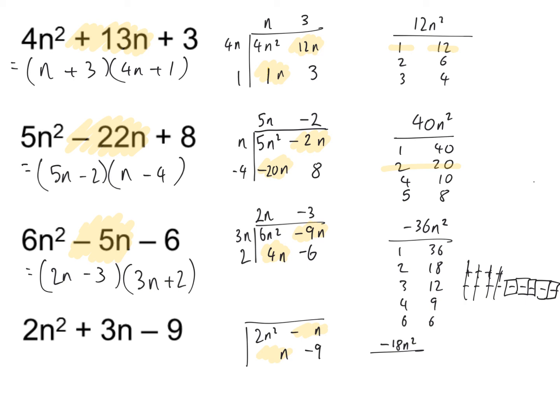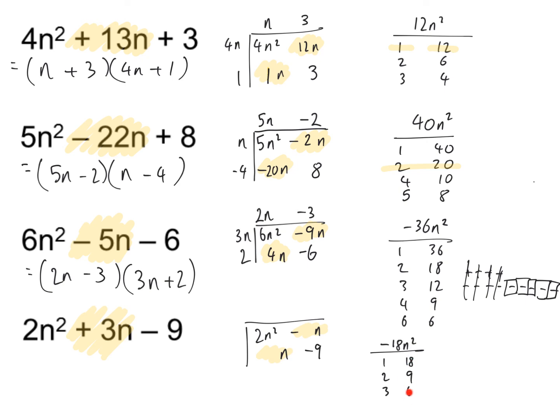So I need to list my factors of 18. 1 and 18, 2 and 9, 3 and 6, and that is it. These two boxes need to combine to give me this positive 3n. So if I consider the size of the positive and negative, the positive one is going to have a larger size.